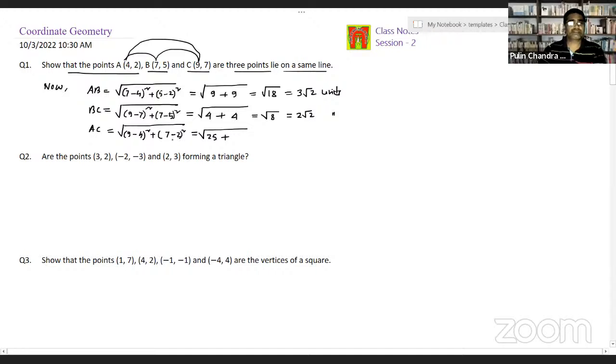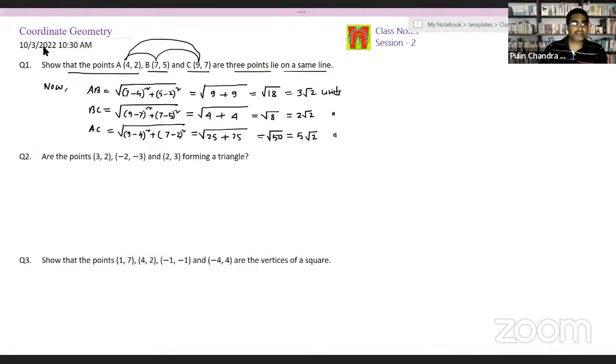And 7 minus 2, again 5 square is 25. So this will be root over 50. If you break it into its simplest form, you'll be getting this as 5 root 2. So fine, we have found the 3 distances.